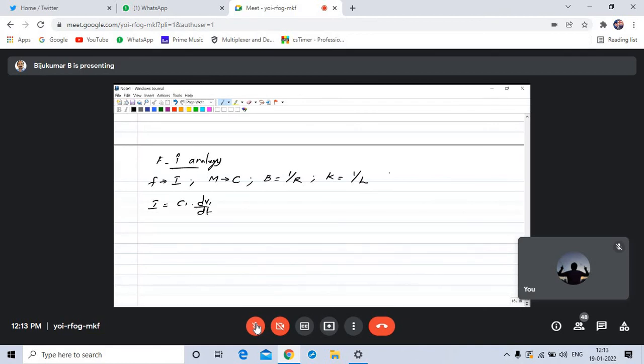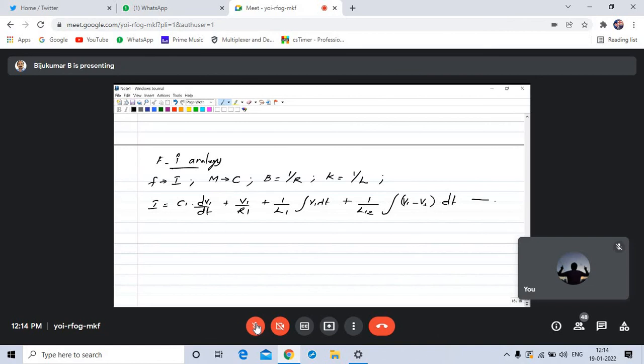Here voltage is analogous to the velocity. So we can write V1 by R1 plus 1 by L1 integral V1 dt plus 1 by L12 integral (V1 minus V2) dt.